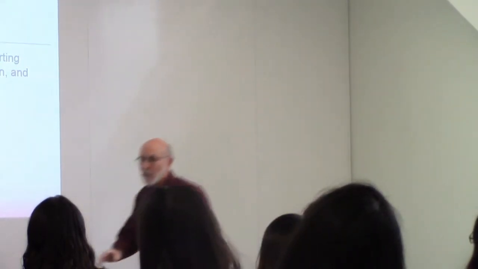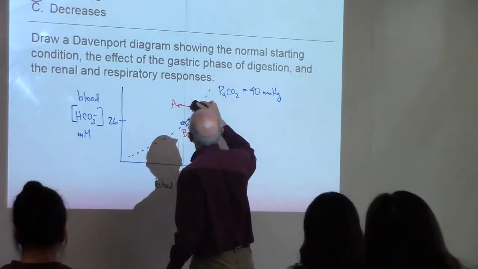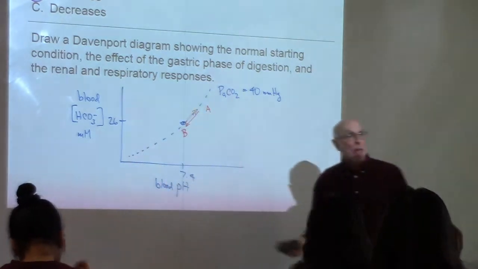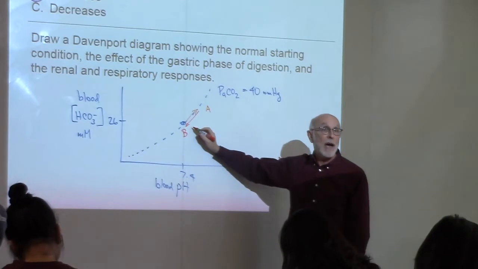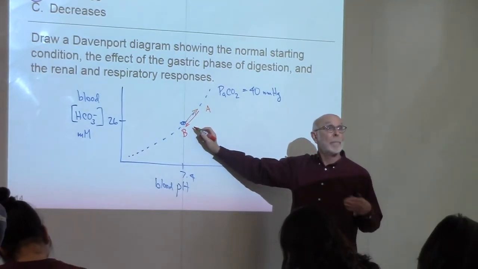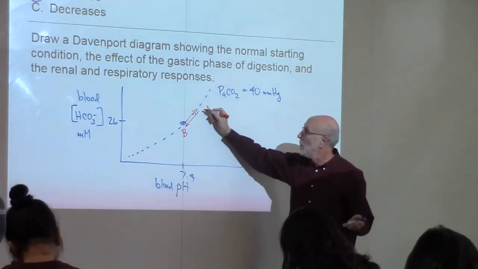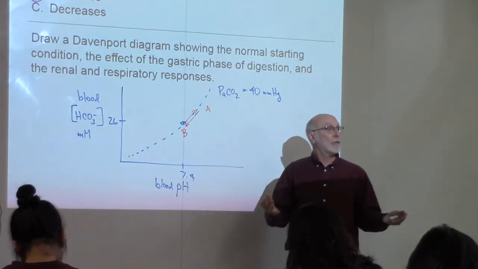Right, you're getting it right because B is the correct answer. We are still breathing normally, so we're still on this curve. So the kidney is going to try to excrete some of that bicarbonate that the stomach has produced.